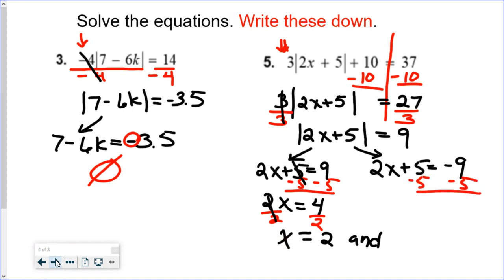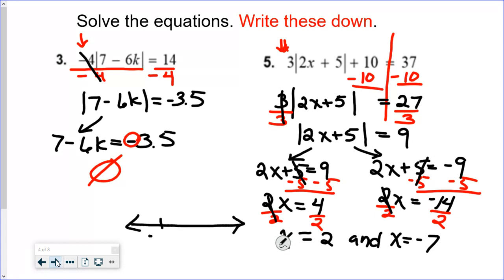Be careful on this one. I get 2x equals negative 14. Divide by 2, and I get x equals negative 7. So both of those answers. On the number line, I would have negative 7 and 2, and dot them both down.